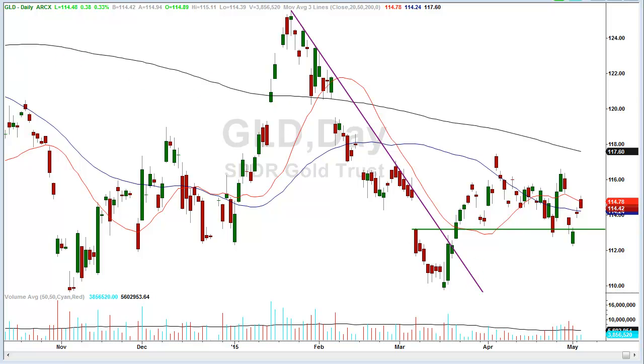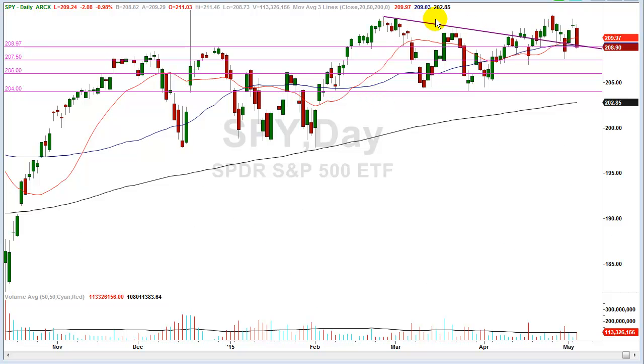Going back to the SPY, the reason I put this line in tonight is because we closed below it, and that's of importance. So that's part of the case for the downside. Obviously, we had a thrashing today in the market. The NASDAQ and the IWM, the Russell 2000, were really hit hard, and that tells you money was flowing out of the market, out of risk assets.